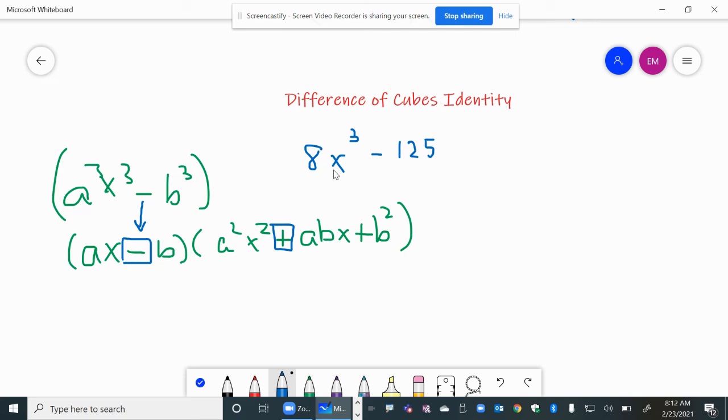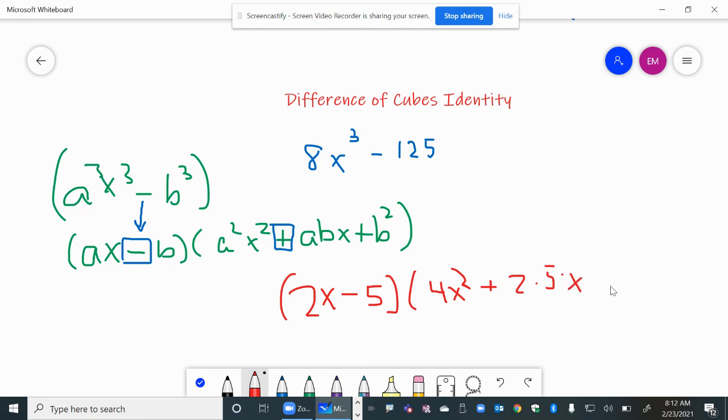So when we go back over here to solve this one, we are going to get 2x minus 5 times 4x squared plus 2 times 5 times x plus 25. Okay, and then to finish it off, we're just going to do that math right there.